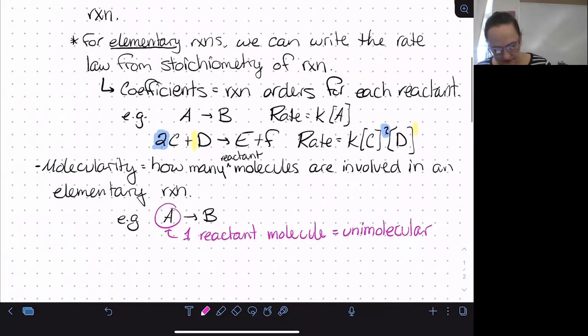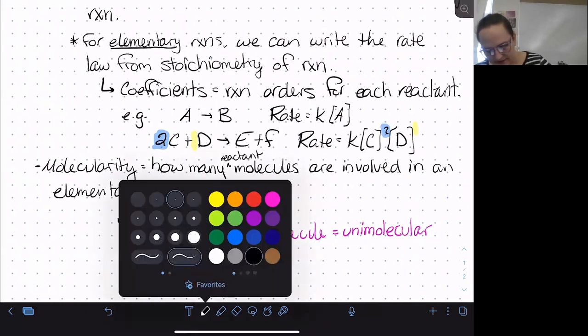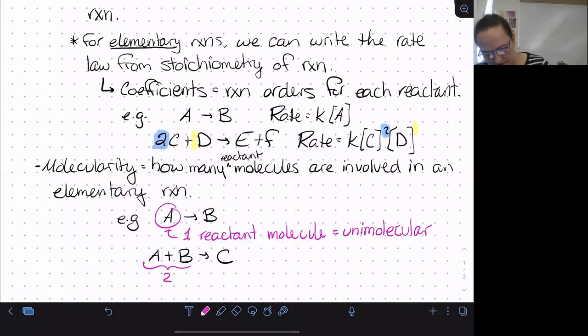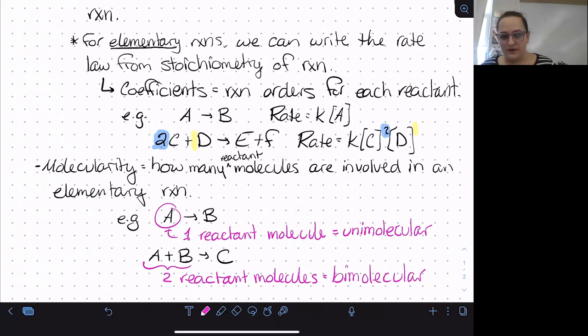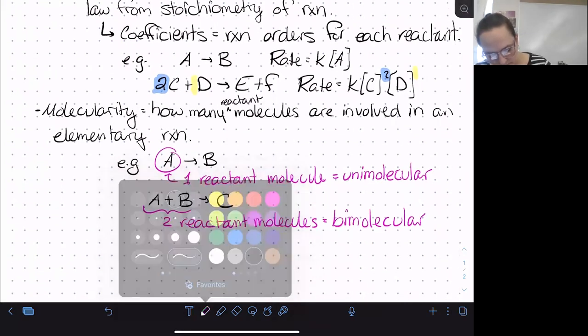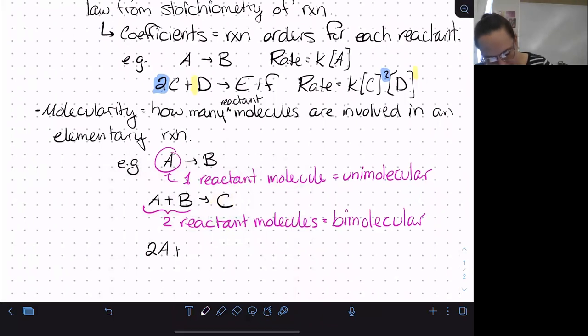I'll use a different example. Next, if we have, say, A plus B forms C, we now have two different reactant molecules. We would say that this is bimolecular. One more. 2A plus B forms C. Coefficients count here.